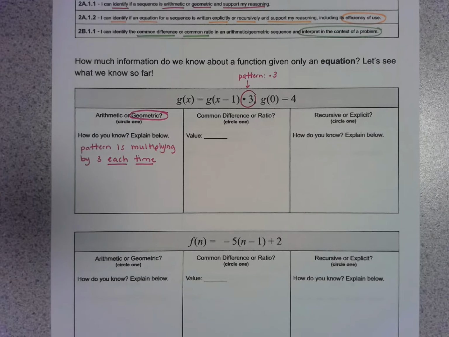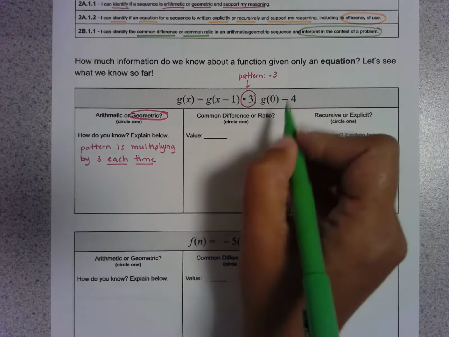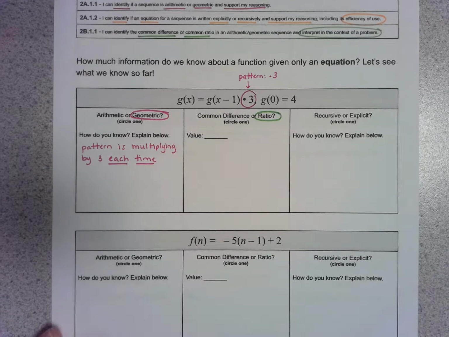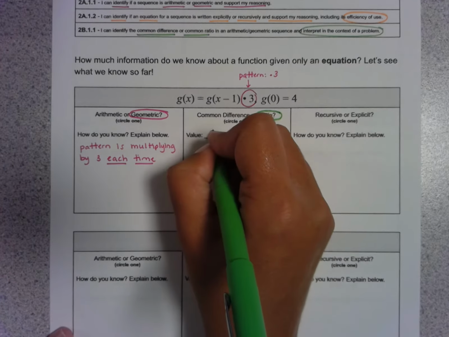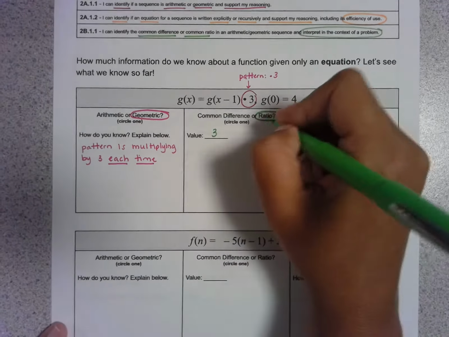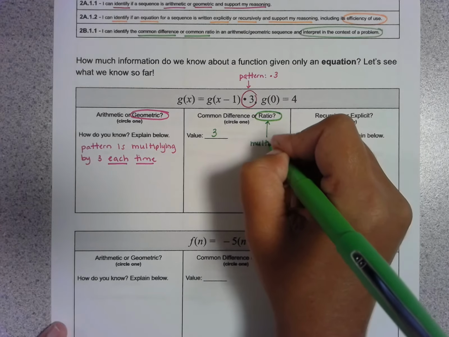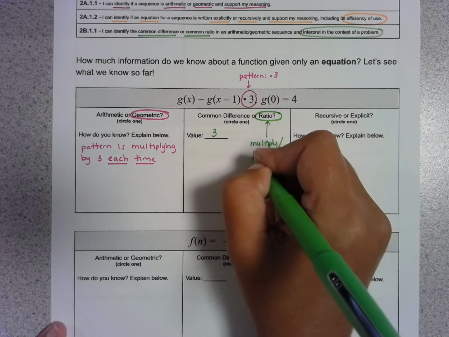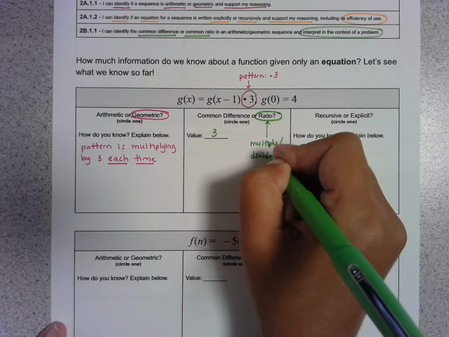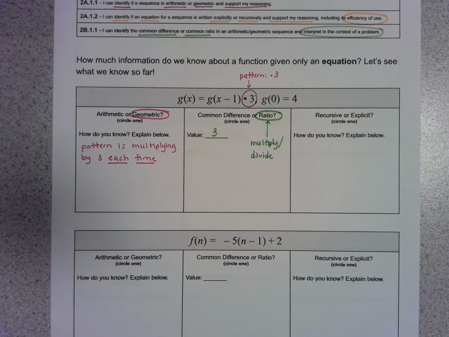Now, since we're multiplying, that tells me that I have a common ratio, and the value would be 3. If our pattern was adding or subtracting, we would say that we have a common difference.